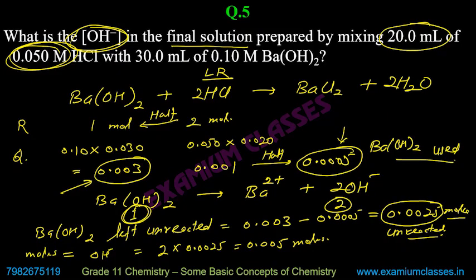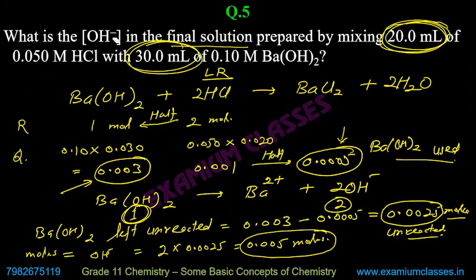For calculation of molarity, we have to divide the number of moles by the volume of the solution. And the volume of the solution will be the sum of the volumes, that is 20 milliliters plus 30 milliliters, that is 50 milliliters.